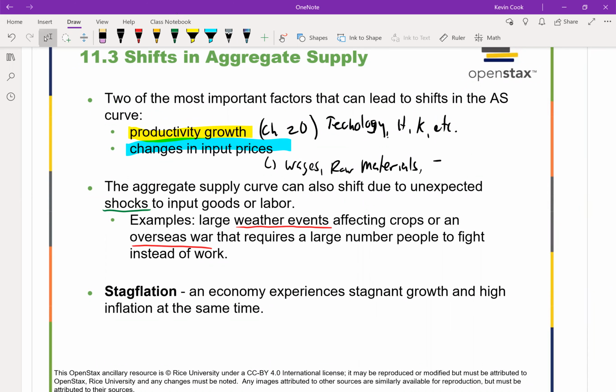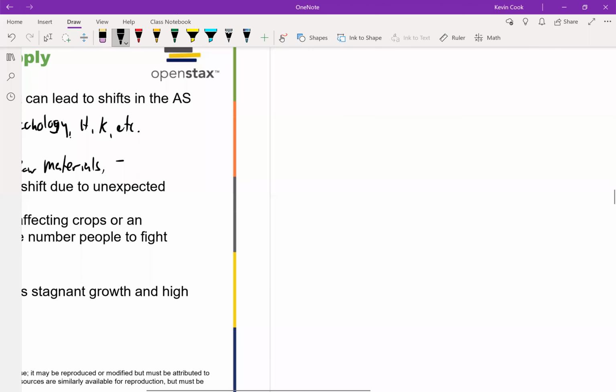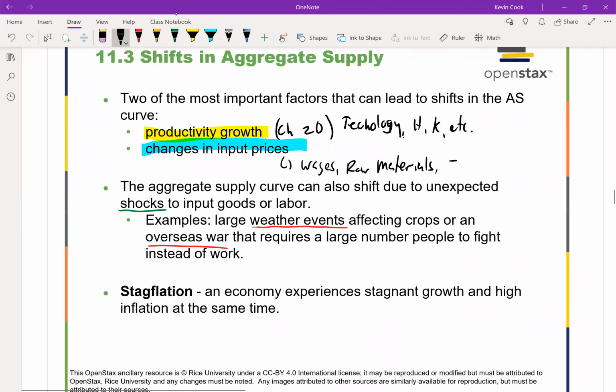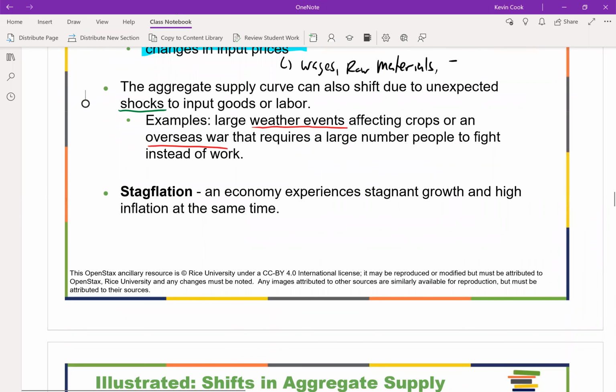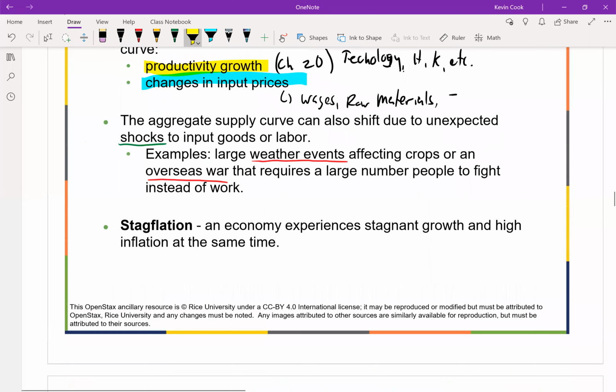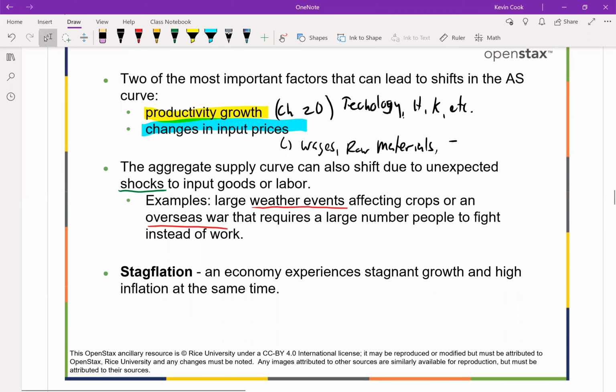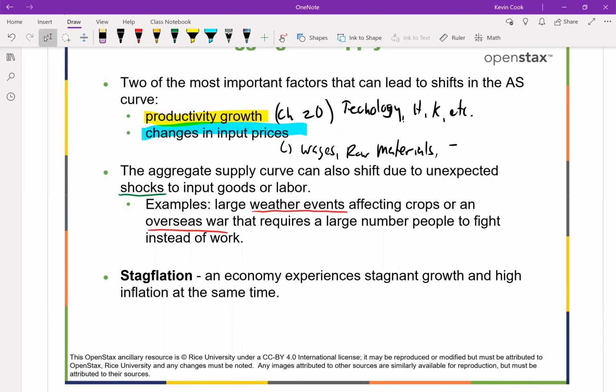So if we shift our aggregate supply, and over time, where is that one? Oh, so I'll introduce stagflation and then get into the next little bit. So in addition to these two things, one of the conditions that we can see, which really isn't good times, is stagflation.